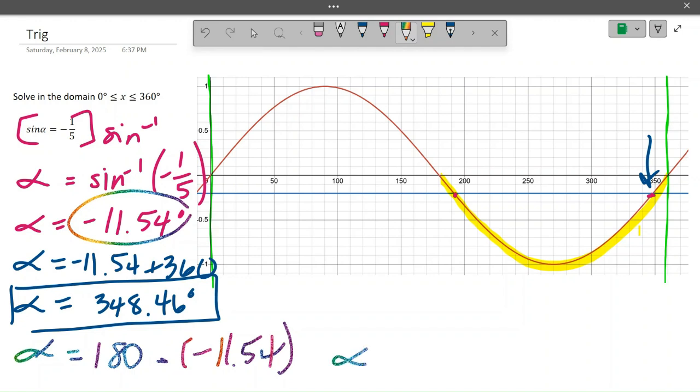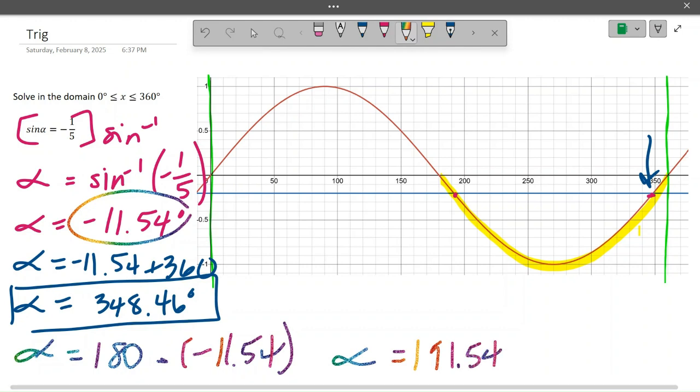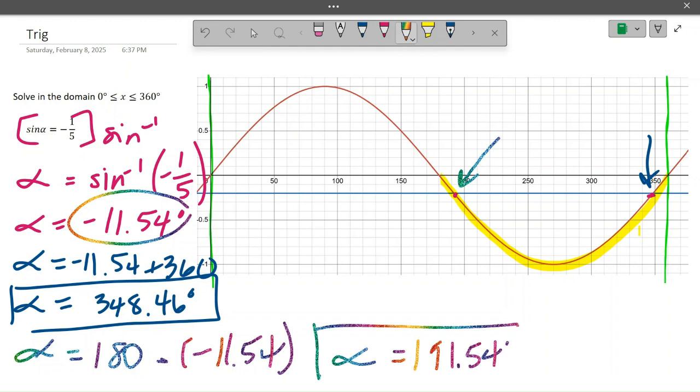When I do that, I get alpha equals 191.54 degrees, and that value is right here. So these are the two values where the sine of alpha equals negative 1/5.